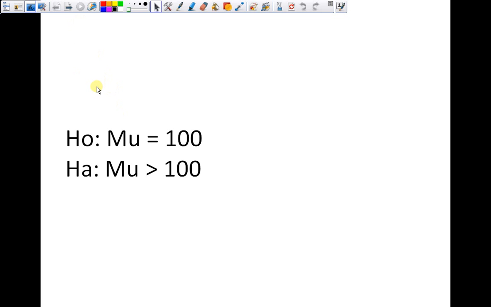So H0 is always the neutral hypothesis, usually going to be an equal sign. HA says we're trying to get evidence that mu is actually greater than 100. We're trying to get evidence that the SAA teachers' IQ score is greater than 100.